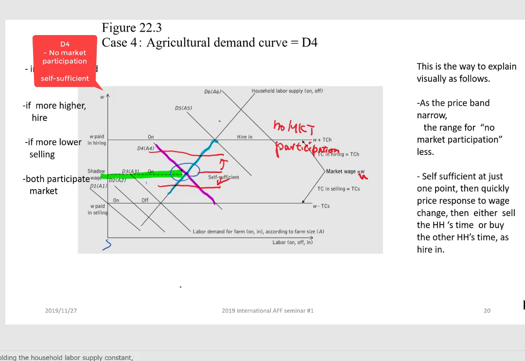This is a way to explain visually as follows, when you observe a specific household that doesn't participate in the market.